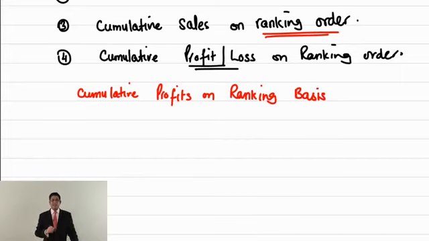Because if you don't have these calculations, you would find it almost impossible to draw profit volume charts. So these four things must be there. Here are the cumulative profits on ranking basis.